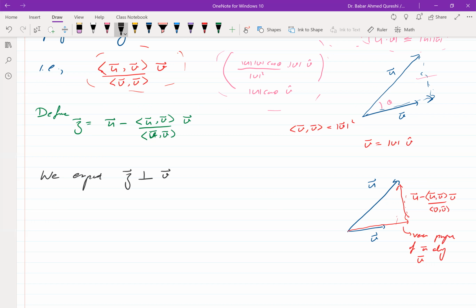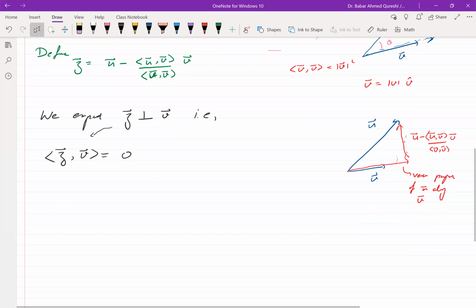This sign is used for perpendicular, a terminology extracted from geometry, and in the abstract sense it literally means that the dot product, or the scalar product, or the inner product of this z with v is 0. That's what perpendicular means here.